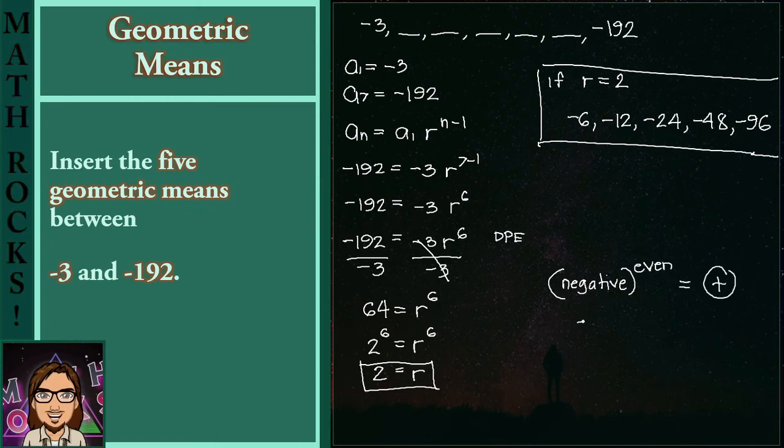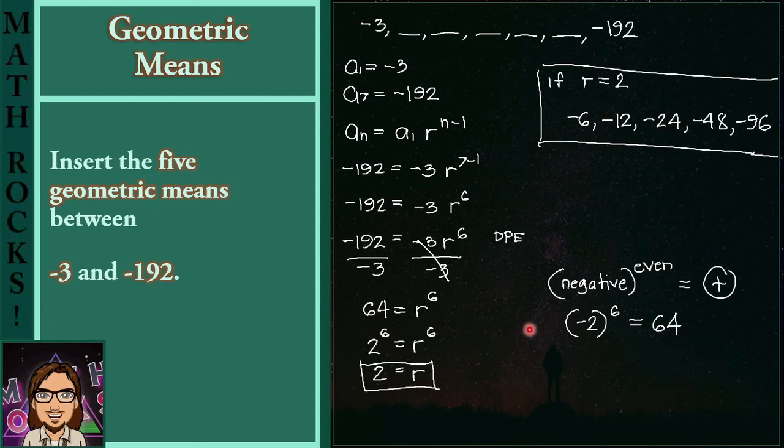Let's say, for example, we have a base of negative 2 being raised to 6. It gives us a value of 64, which is basically the same as our goal here. So this time, you will notice that negative 2 is another possible value for our common ratio.